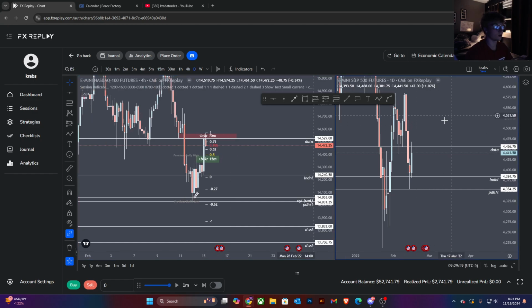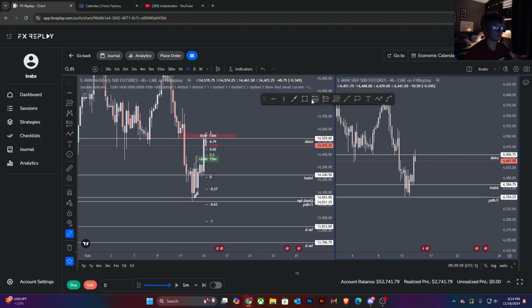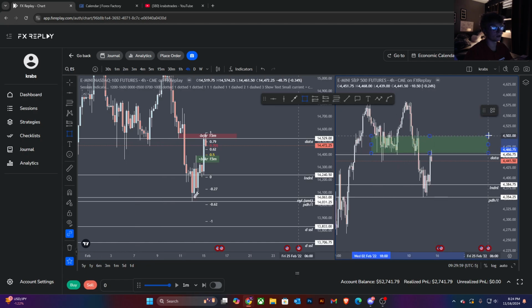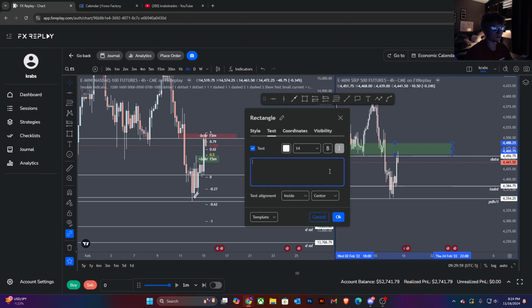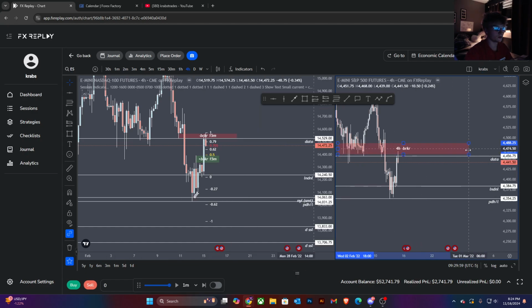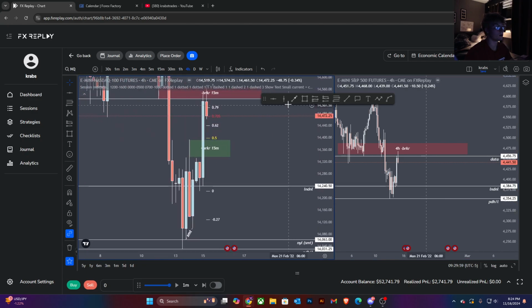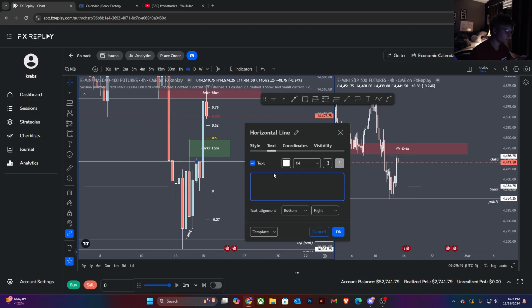Let's see, 4 hour. Yes, it is tapping in 4 hour breaker. Bearish breaker there. Rejecting, you can see that wick out of there. 4 hour bullish gap. I mean 4 hour bullish order block is what I meant to say.